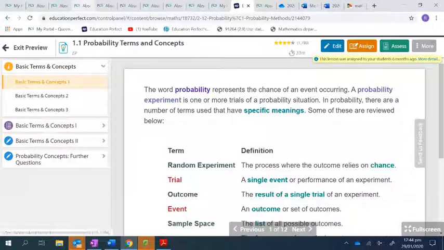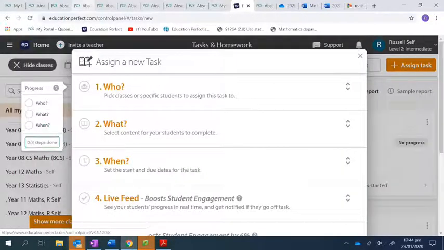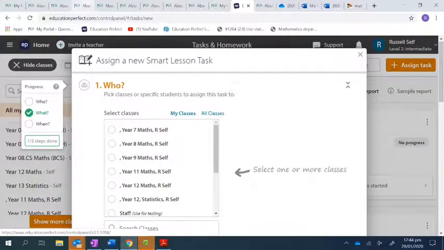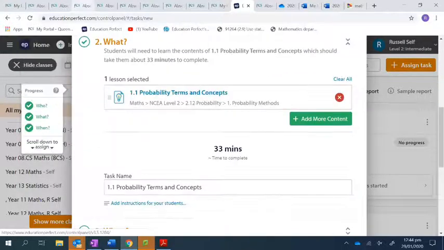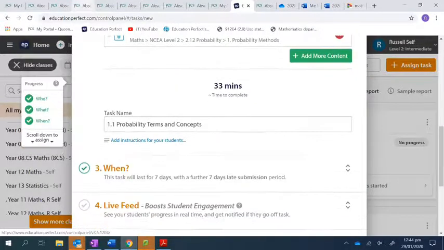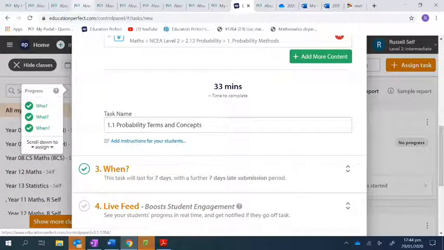Assign to your 12 maths. Now, it gives you the whole assignment, and I'll talk about that. But anyway, it gives you 7 days to do it, and then 7 more days, but then it tells you it's late. Do I want you to wait 7 days to do this? Please, no, right?